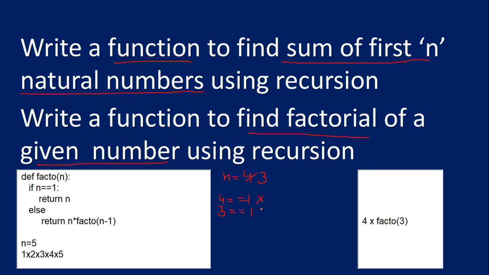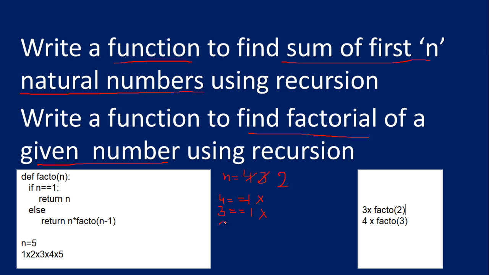The answer is still no. So it will move to the else part and call the function again to solve this expression, that is 3 multiplied by facto of 3 minus 1, which is 2. Then the function is called again, and at that time the value of n becomes 2.